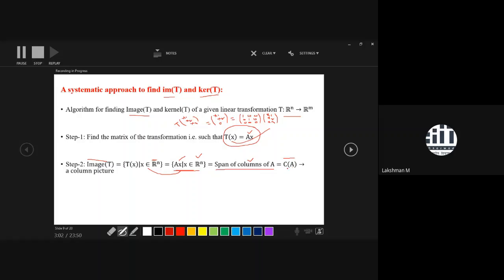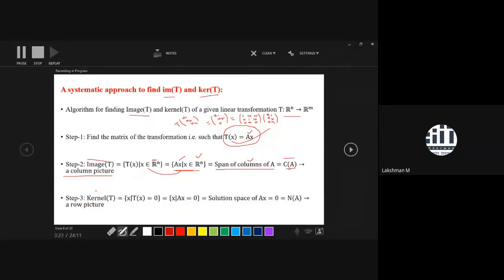So it is the column span of the columns of the matrix associated with the given transformation. So it is a column picture. We observe the image from the column picture perspective.